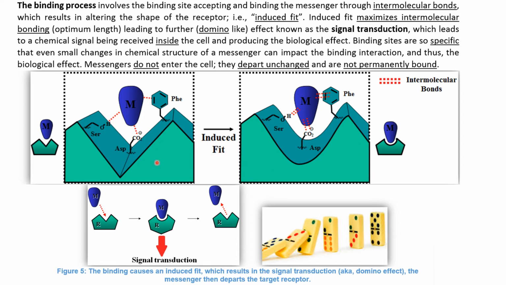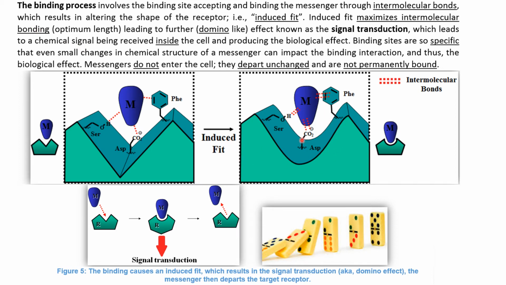Notice how the bonds here got stronger and the shape of the receptor has changed from this to that here. And notice also how, as a protein, we have some amino acids such as serine, aspartate, and phenylalanine binding to the messenger here and making these bonds stronger.